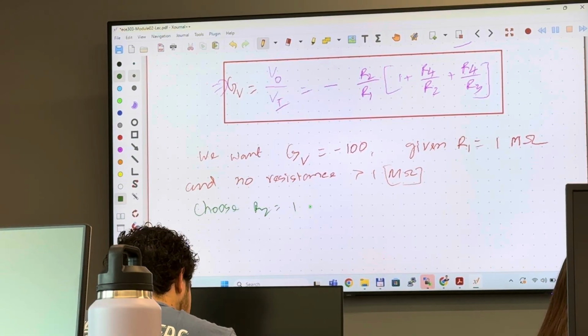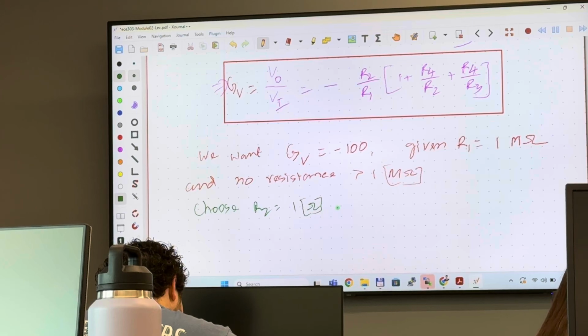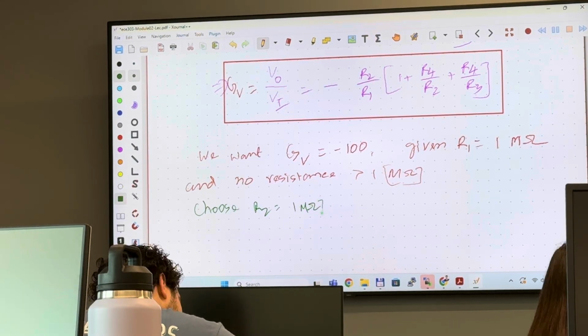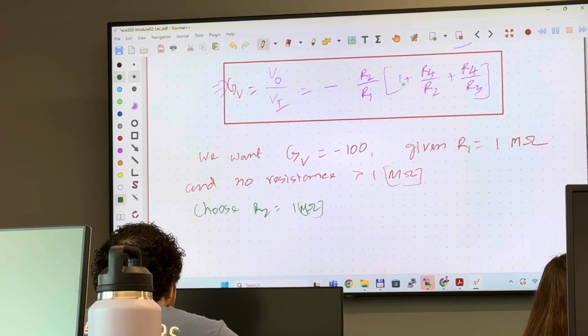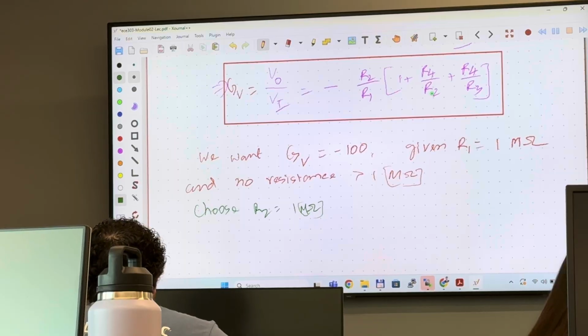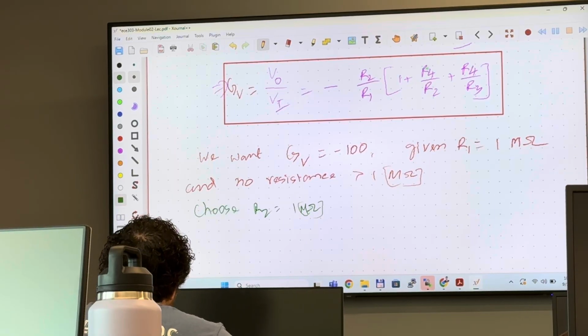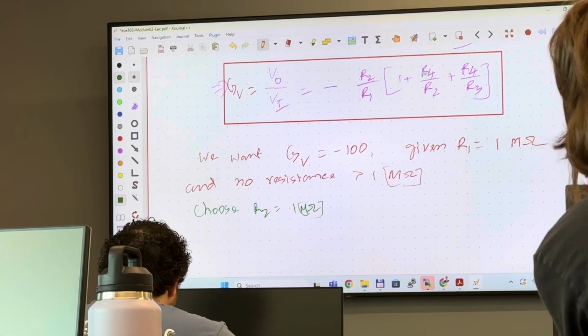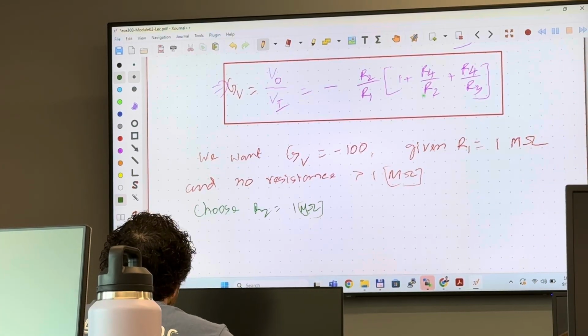R2 equals 1 mega ohm. Okay, so this is 1. In that case, you have 1 plus, you chose R2 to be 1 mega ohm, and let's choose R4 to be maximum.